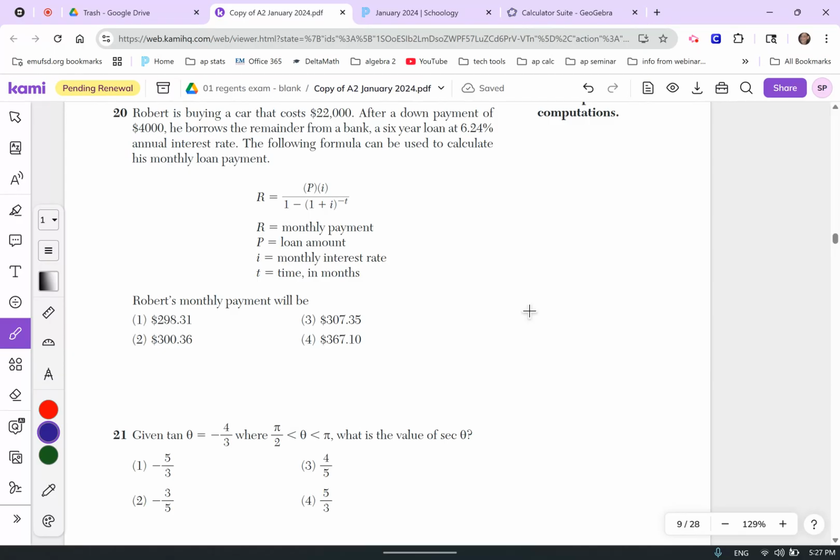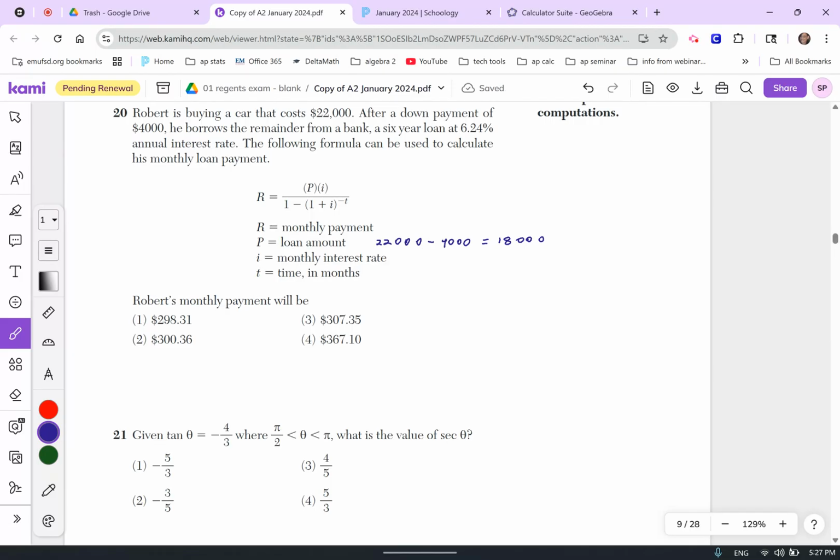So we're solving for R in this case. The loan amount, we're not borrowing all $22,000. We're actually borrowing $22,000 minus the $4,000 down payment, so the balance you're borrowing from the bank is $18,000.